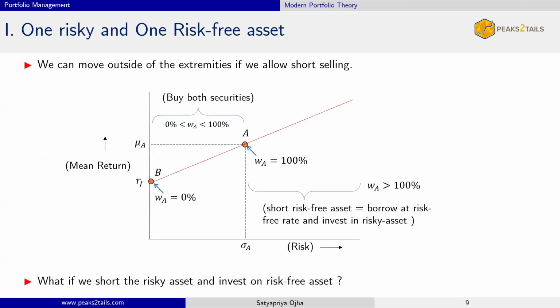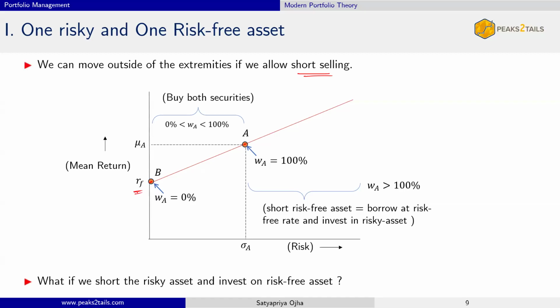Yeah, so let's talk about this. Same setup, but this time we allow short positions. Okay. If you're only allowing buy positions, then you can move between these two extremes, B and A. However, if you allow short positions, I can short the risk-free asset, which is same as borrowing at risk-free rate, because you are not putting your money, you are borrowing.